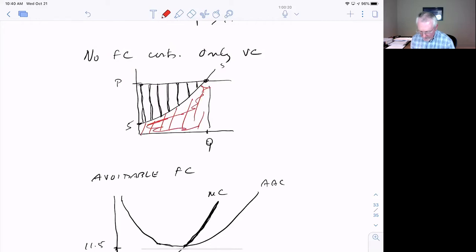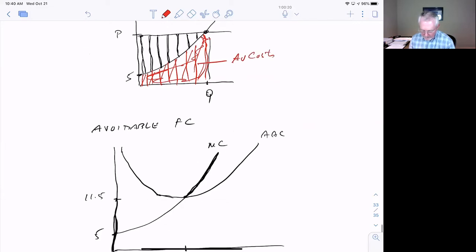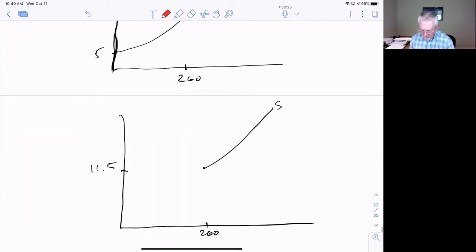So remember, if I add up the marginal cost of each unit of output up to Q, what do I have here? I have total avoidable costs. But down here, it's a little tougher. I need to figure out what total avoidable costs look like down here.